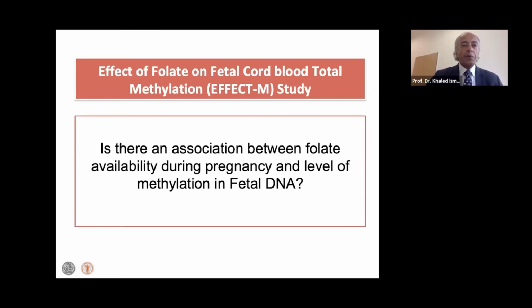So we hypothesized that there might be a relationship between the level of folic acid in the fetal cord blood or maternal blood and what's happening in the baby's level of methylation in its genome.